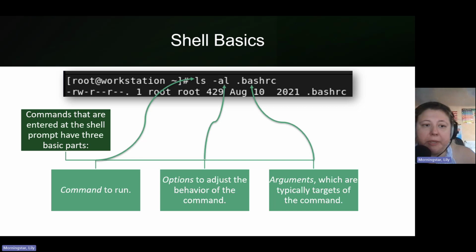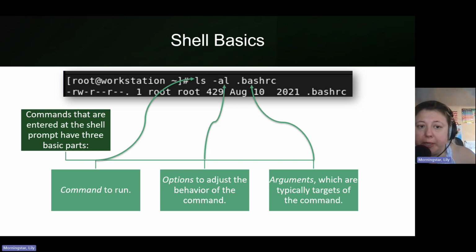Here are some shell basics. We have first the command to run, which is any command we will learn today, such as ls in this example, that stands for list, then a space, then we add options to expand the capabilities of this command. In this situation, we will use option a and option l, which means all and long, and then a space, and you can see .bashrc.